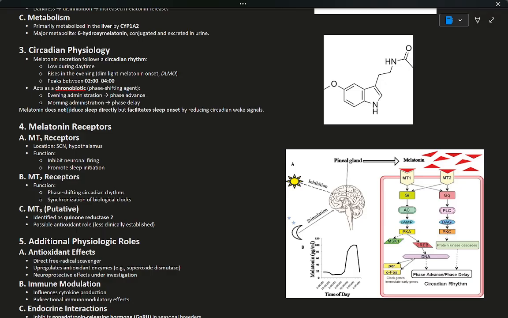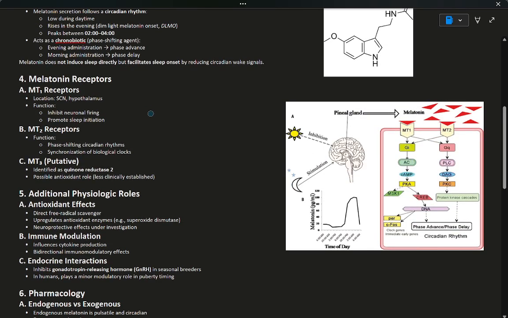And melatonin does not induce sleep directly, but it can facilitate sleep onset by reducing the circadian wake signals. So let's break this down at a more biochemical or physiological level. With melatonin receptors, you have several of them.